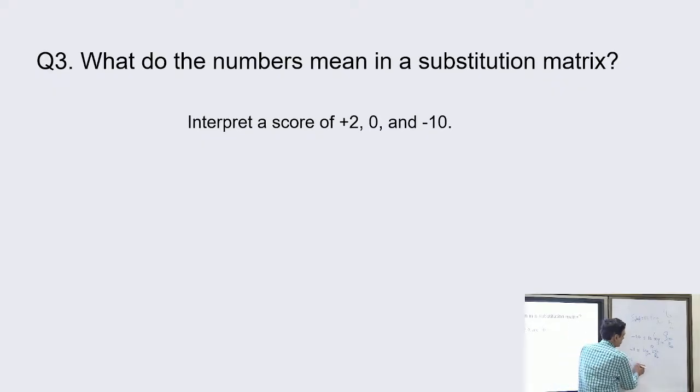This is equal to Q_AB over P_AB, so 1 by 10 is equal to Q_AB divided by P_AB.